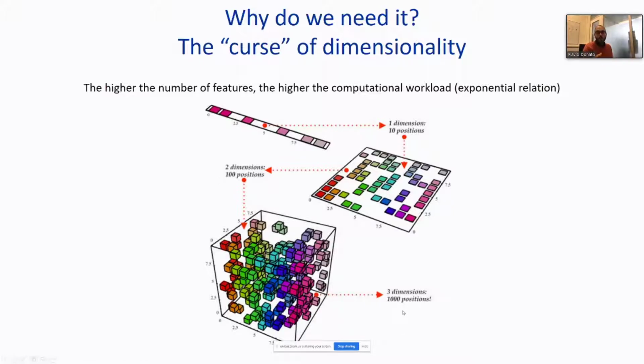And if you go on and on with thousands of data points to analyze, you see that the number of possible positions, or possible states in which your variable can be, actually increases with an exponential type of curve, which is extremely difficult to analyze. So what people try to do is to reduce the dimension of the data sets.